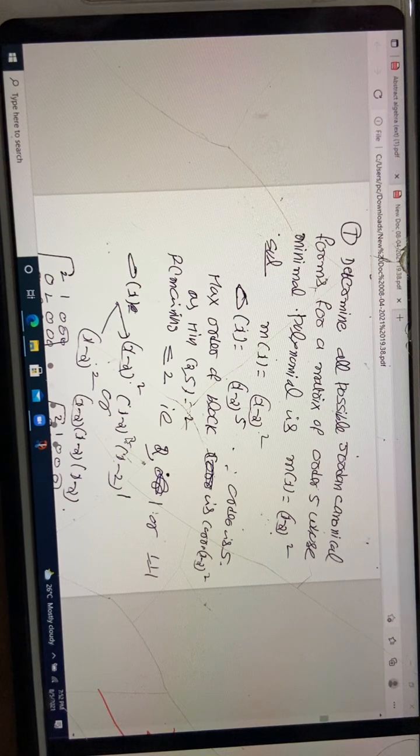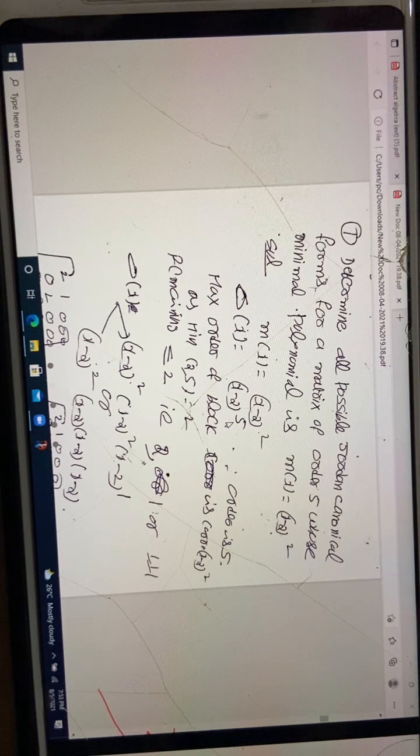I cannot have one more 2 here, because 2 plus 2 plus 2 becomes 6. We should have only 5. So split this as (x minus 2) whole square, (x minus 2) whole square, (x minus 2) whole power 1. So 2 plus 2 plus 1 becomes 5.